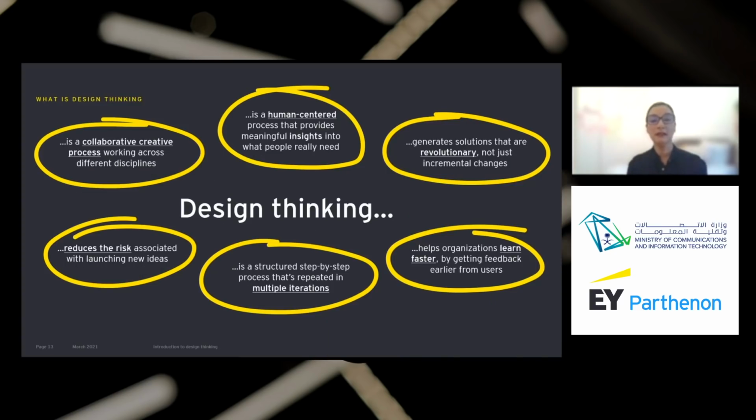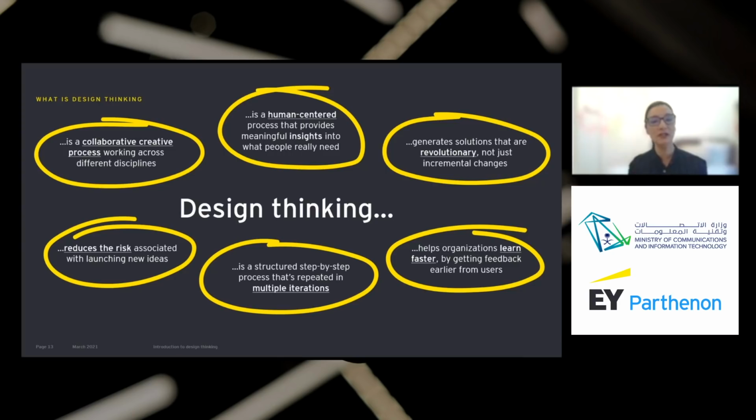So just to wrap up, design thinking is a human-centered process that allows us to get insights into what people really need. They generate solutions, not just revolutionary solutions, but incremental changes, like just using round tables at Starbucks. They help organisations learn faster by this idea of getting continuous feedback from users.